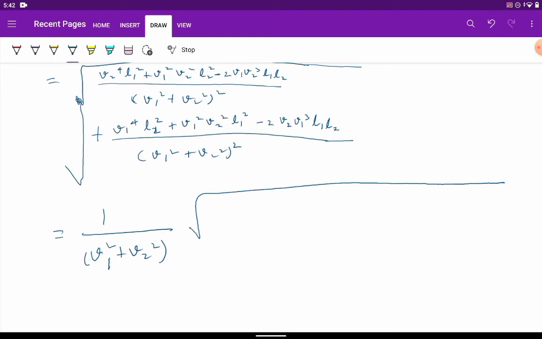We can take this term and this term, and take out V2 square L1 square, so we'll be left with V1 square plus V2 square.